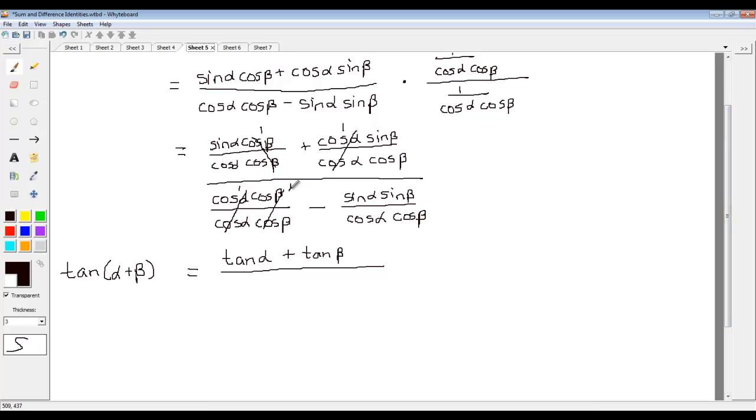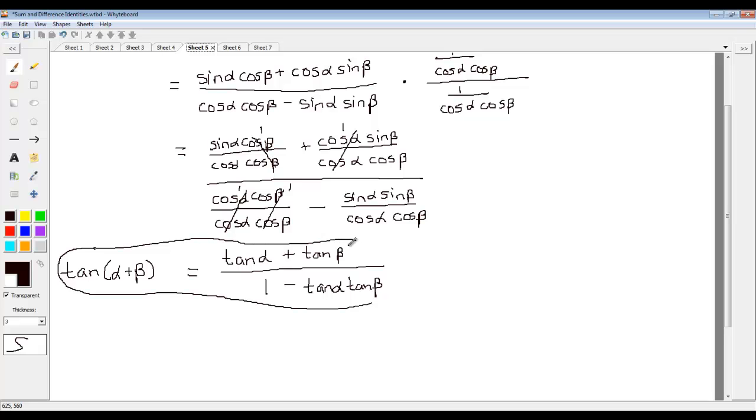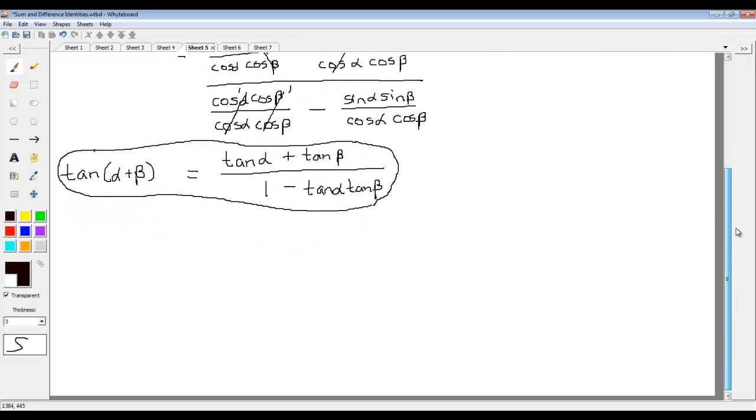So does this. So we got 1 minus, let's see here, what do we got? Sine alpha over cosine alpha is tan alpha. Sine beta over cosine beta is tan beta. And there we go. There it is.